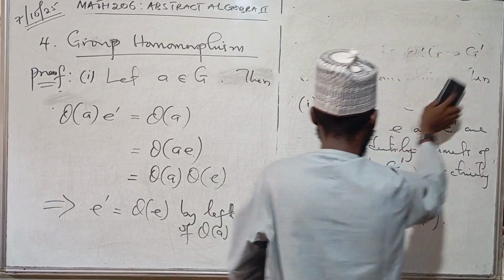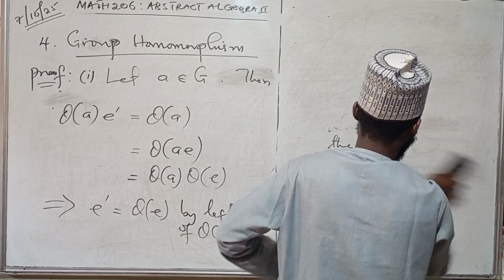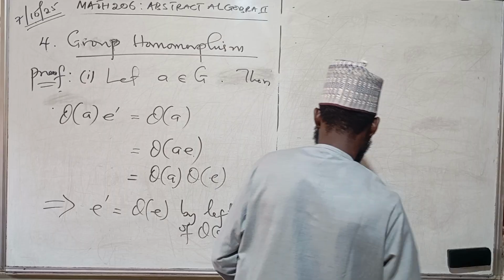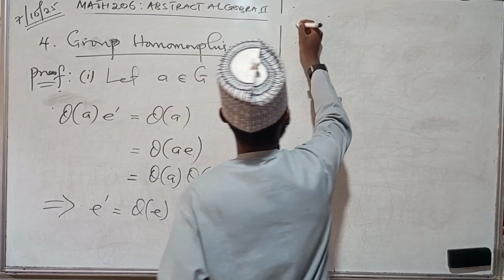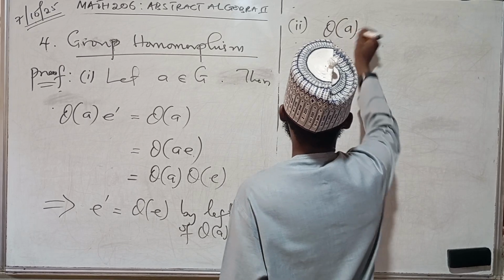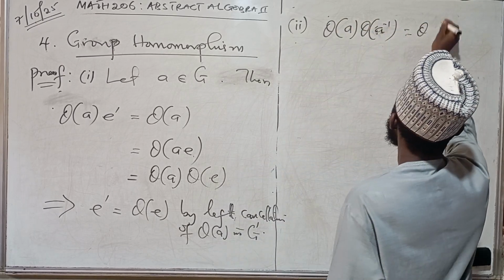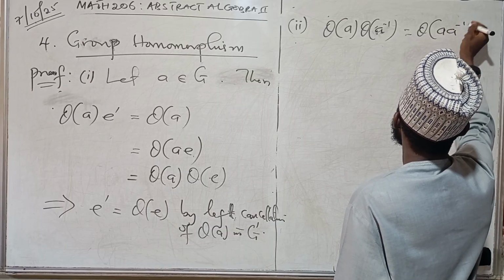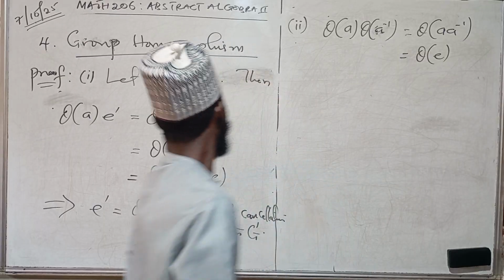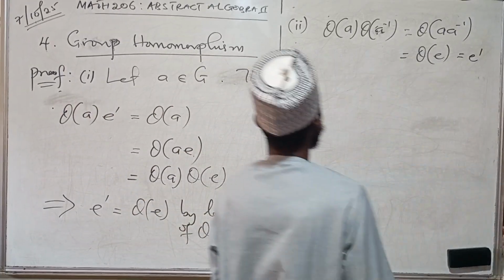So secondly, we prove that the inverses are also preserved under homomorphism. What to do is to take theta A and multiply with theta A inverse, and see that this is the identity, which we have just proved in the first part.